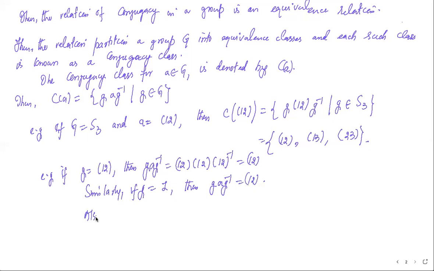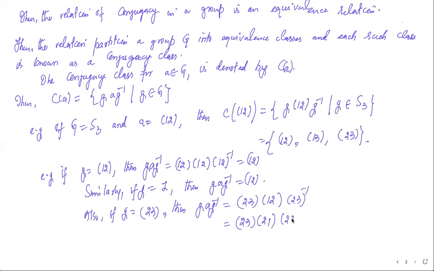And if g is chosen to be (2 3), then g inverse is (2 3), and (2 3)(1 2)(2 3) inverse can be written as (2 3)(1 2)(2 3). Then this is equal to (1 3). And similarly, we will get one of the conjugates as (2 3). So this is the conjugacy class of the element (1 2).